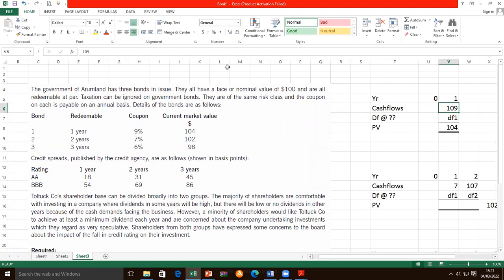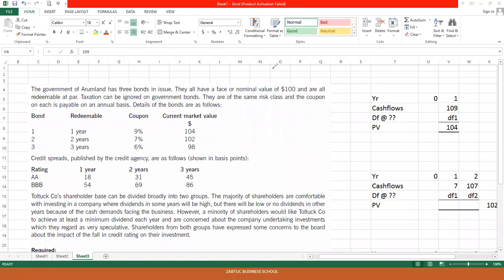Where is the 100 coming from? The nominal value. And we are told that this bond is redeemable at what? That is the basis.